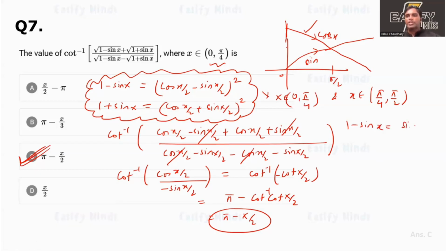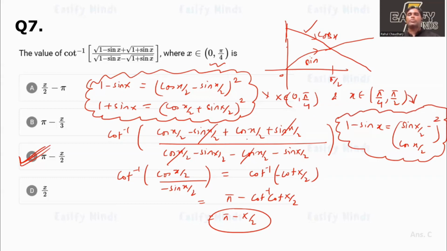I will write as sin x by 2 minus cos x by 2 whole square. Then sine will be the bigger value. Understand? For pi by 4 to pi by 2. Clear? So just keep these things in your mind. These are very important points while solving the questions. The examiner will try to trick you in these kinds of things.